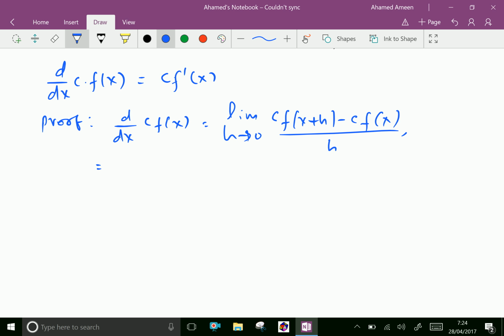Now give the limits for both functions. Now we can get c out.